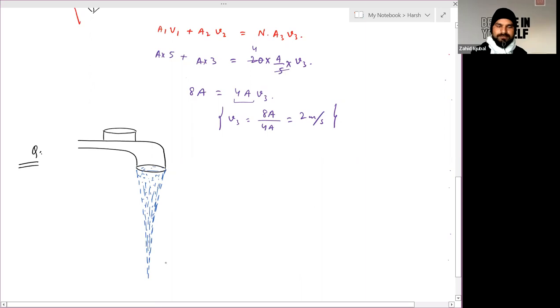So you'll be asked why the width of the stream on falling down decreases.